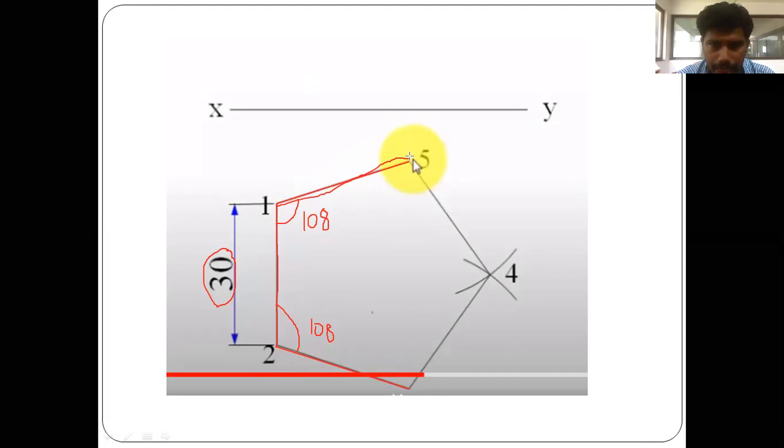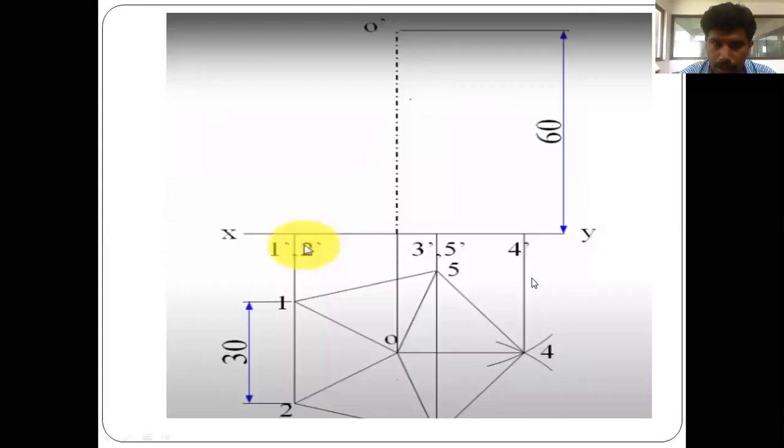From here, you can take this length and draw an arc from here to here. You draw this arc over here, and you join both the arcs. Here you will get this one. Once it is done, you have to name all the parts 1, 2, 3, 4, 5.